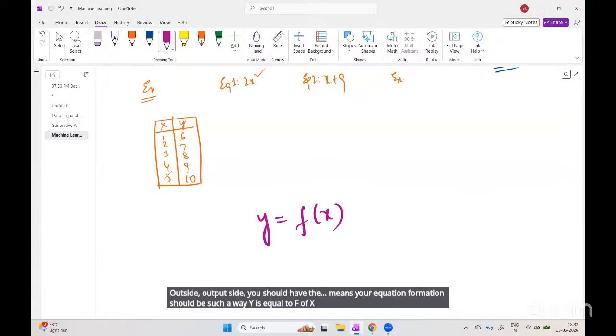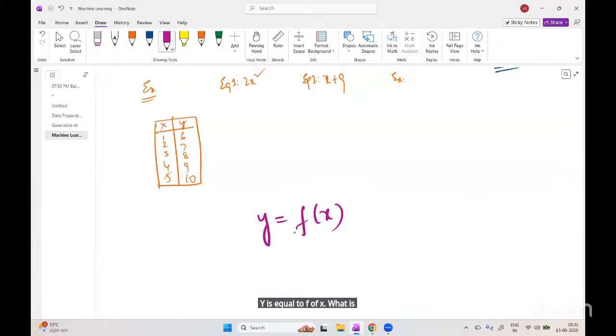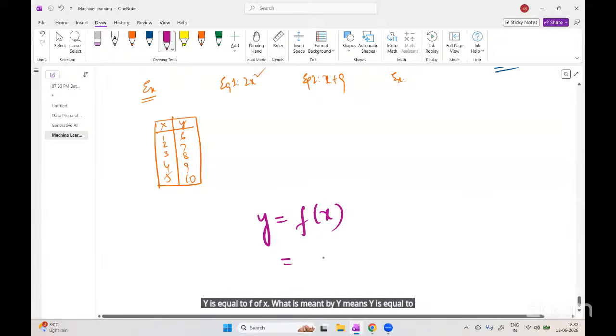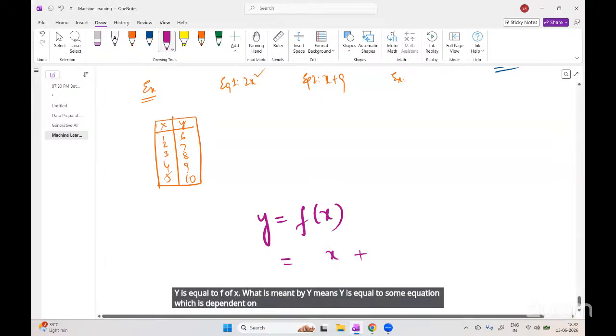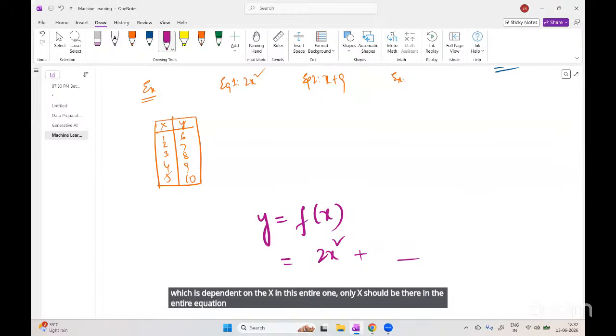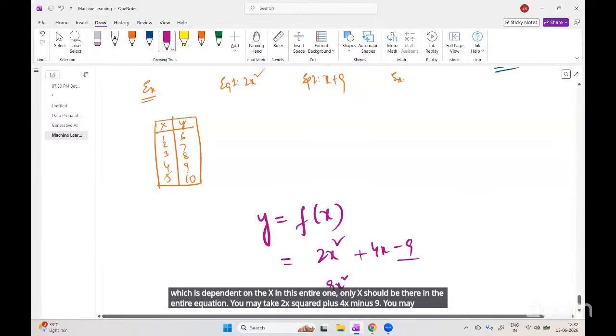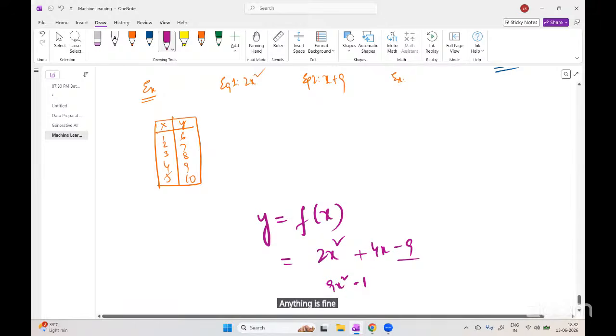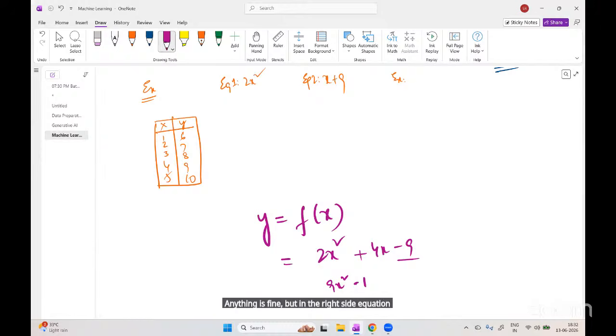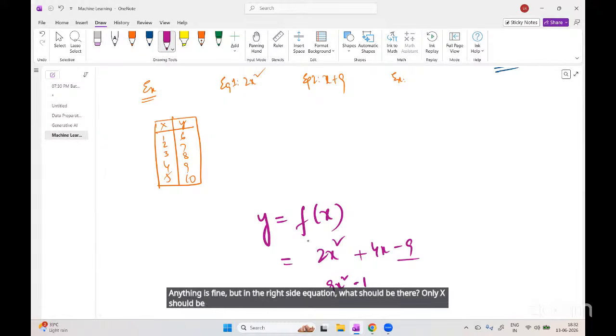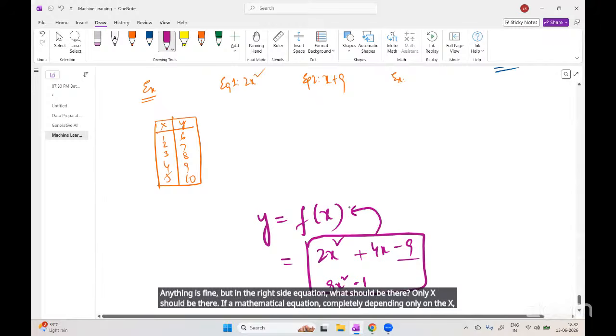Y is equal to some equation which is dependent on x. Only x should be there in the entire equation. You may take 2x squared plus 4x minus 9, or 9x squared plus minus 1. Anything is fine, but on the right side only x should be there. If a mathematical equation depends completely on x, we call it f of x.